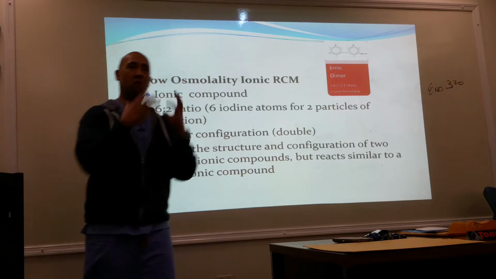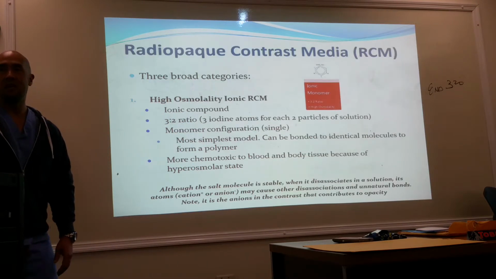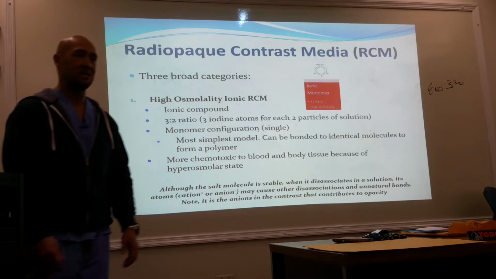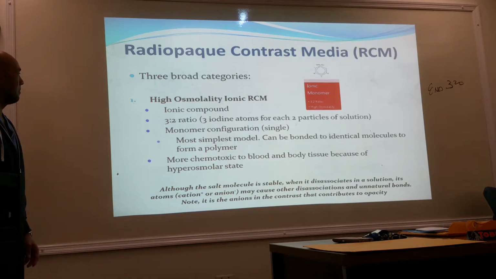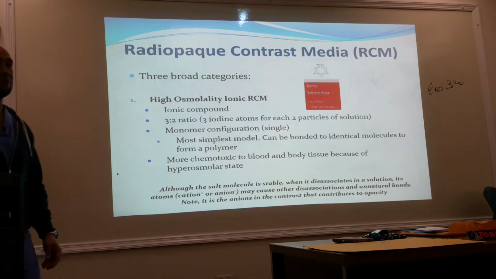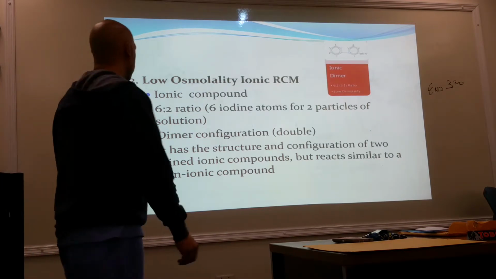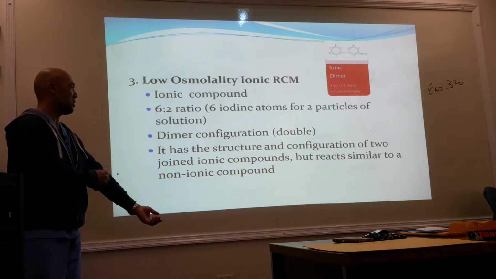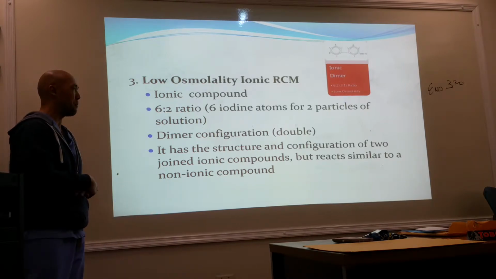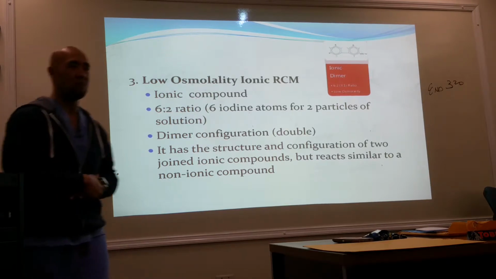So it's more opaque, but it's not going to cause the same type of reactions as number 1, high osmolality. Okay, so 6:2 ratio, dimer configuration. It has the structure and configuration of 2 joint ionic compounds, but reacts similar to that of a non-ionic compound.